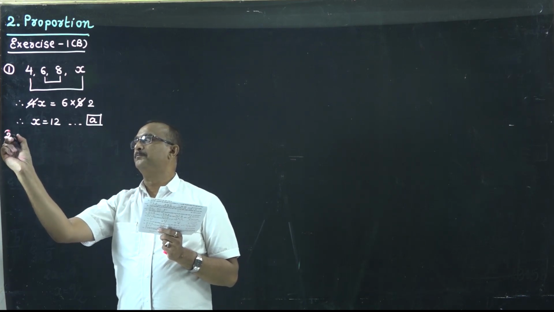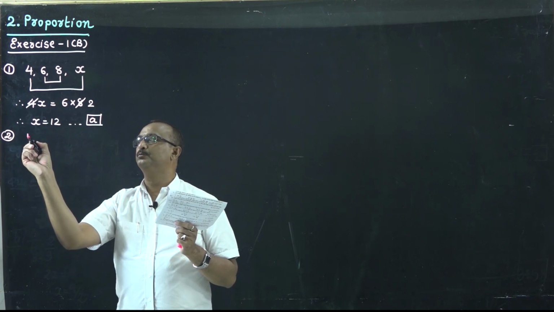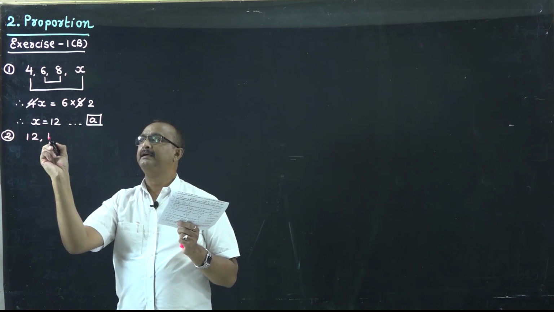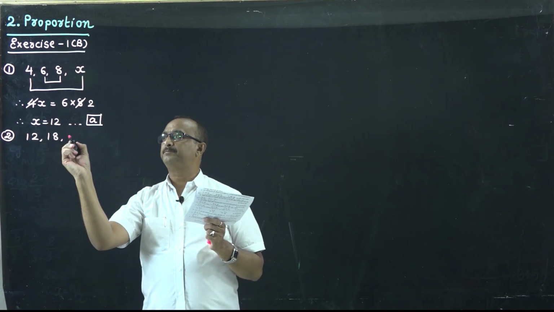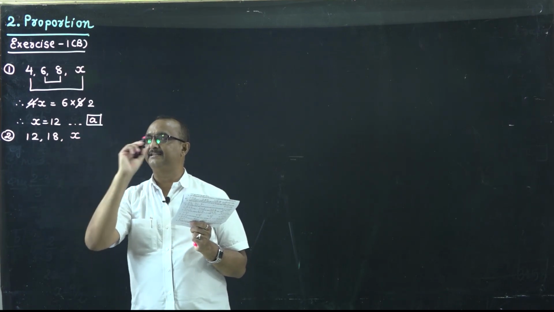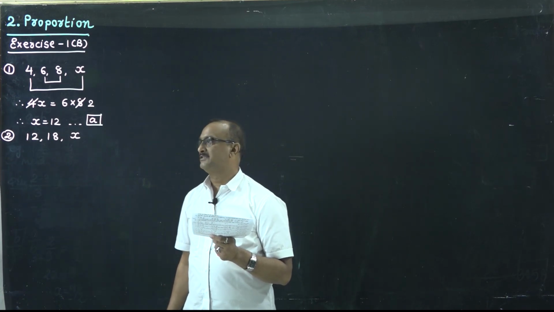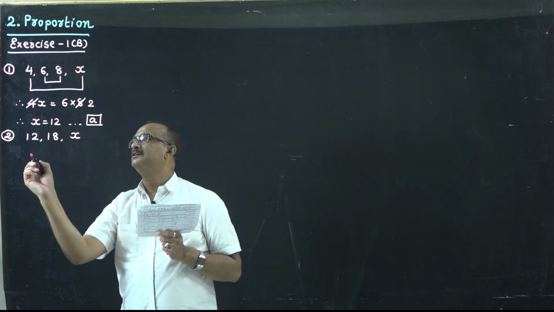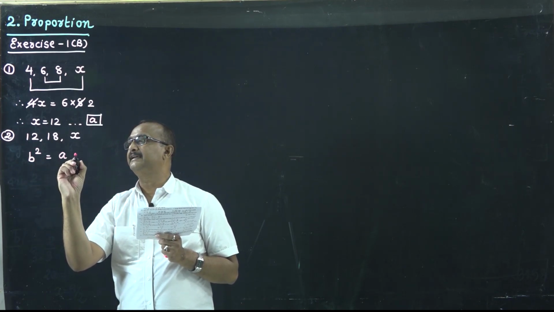Question number 2. The third proportional to 12, 18 is, okay, third proportional is asked, so we are taking x as the third proportional: 12, 18 and x. What is our formula? B square is equal to AC.